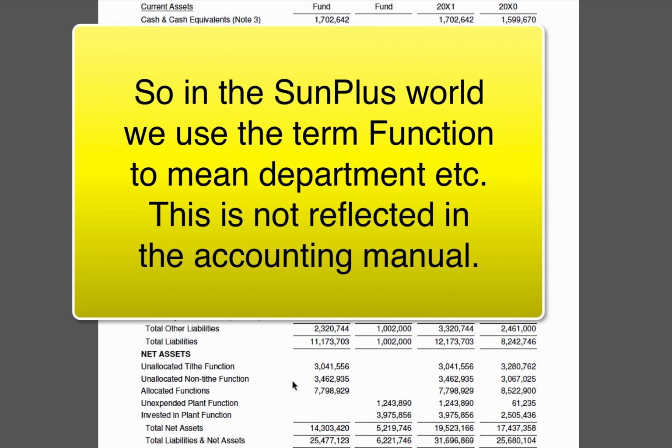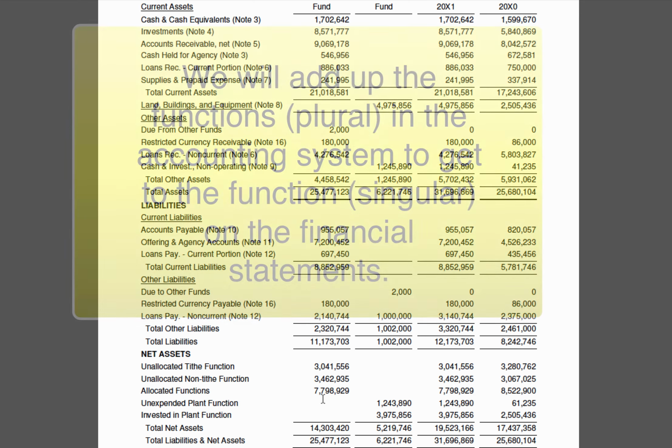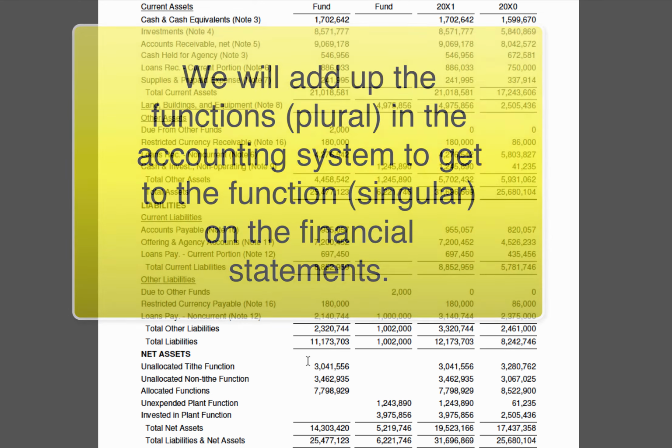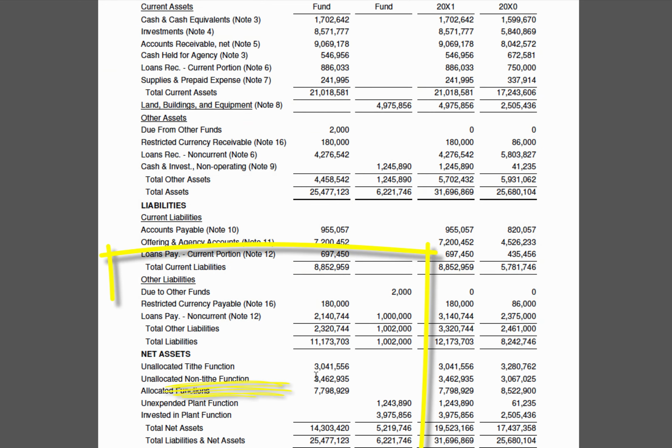All right, so don't let the plural and singular throw you off, okay? The functions in the Sunplus world add up sometimes to be a plural. All those functions add up to be a function when it appears here on the balance sheet. It's a small confusion, but just a little bit awkward when we start looking at the accounting system versus what shows up here on the financial statements.